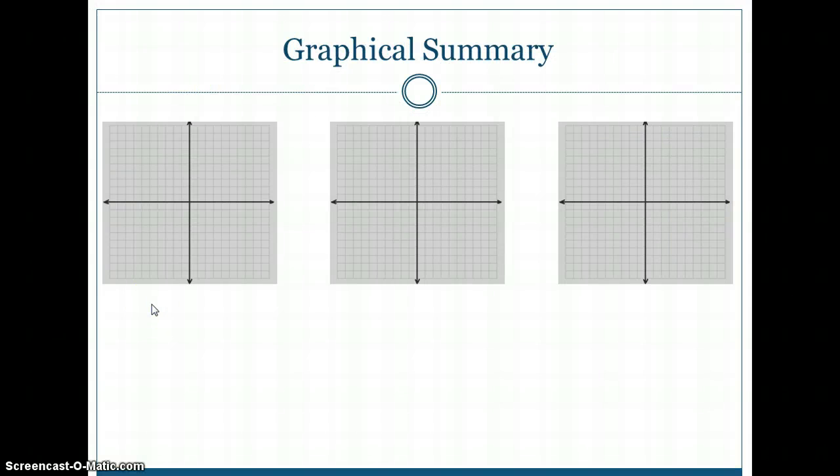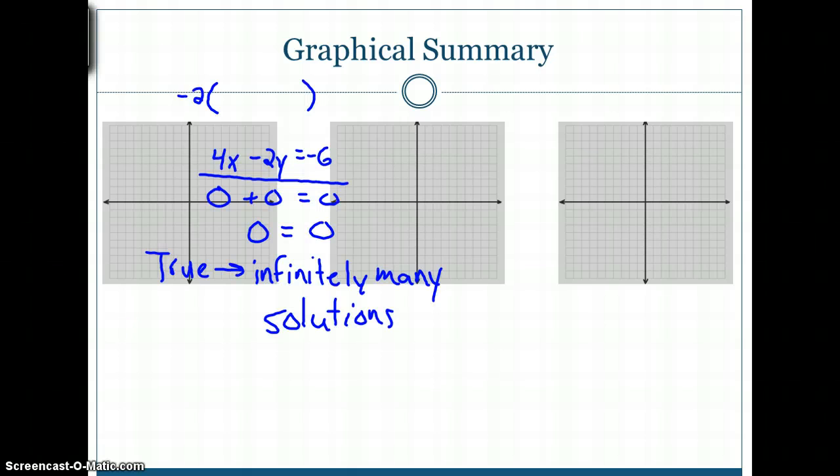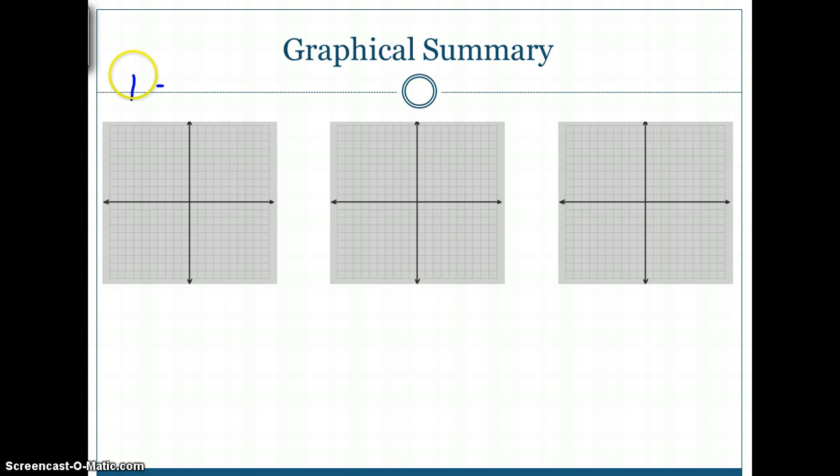If we just summarize these graphically, there'd be one solution when they cross in one point.